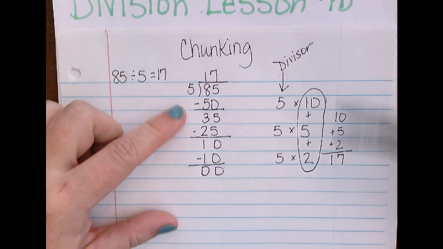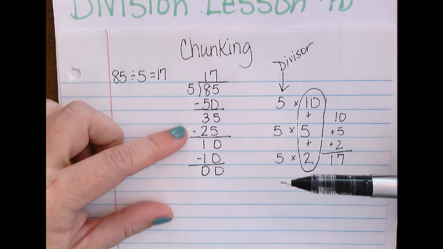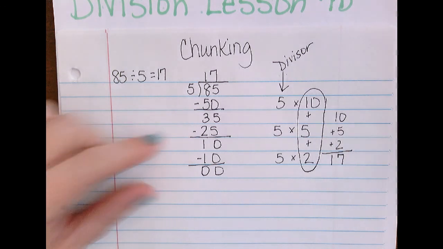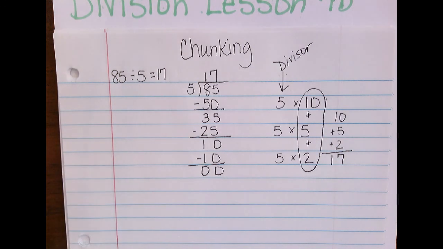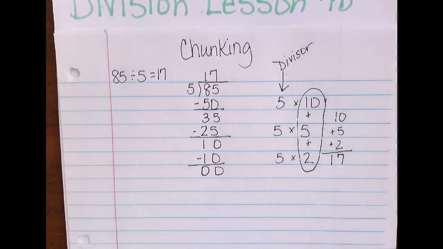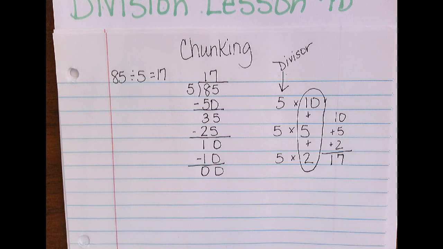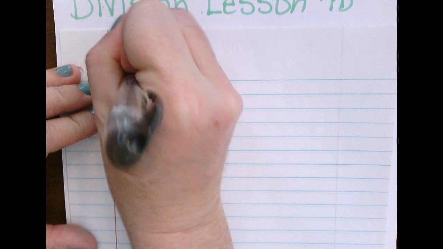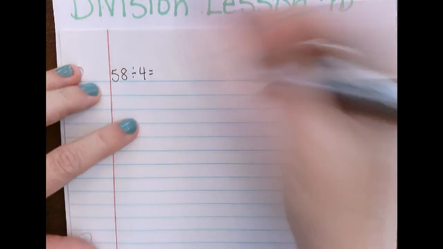So this one, for some, may seem a little bit lengthy for such a simple problem, but when you start to get into bigger numbers, like 9s into 3 digits, it might seem a little easier. So let's take a look at our other example that we had, 58 divided by 4, and what that gave us.